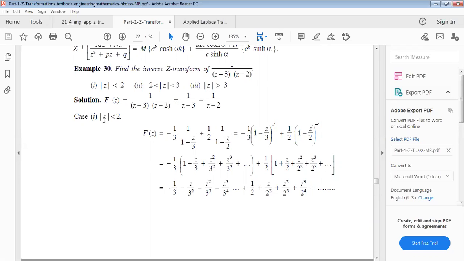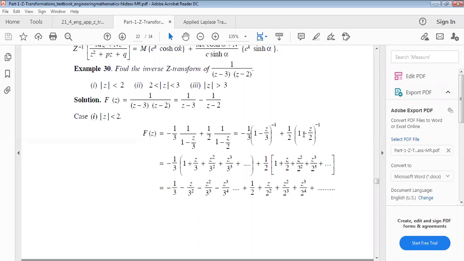If the absolute value of z is less than 2, that means 2 is the greater. So taking 2 common in one and 3 common in the other, we take minus 3 common and minus 2 common, so minus times minus will be plus.